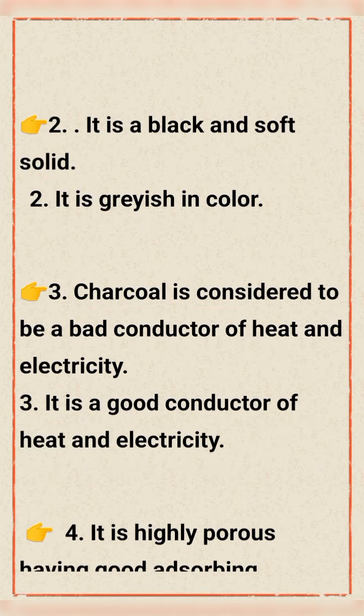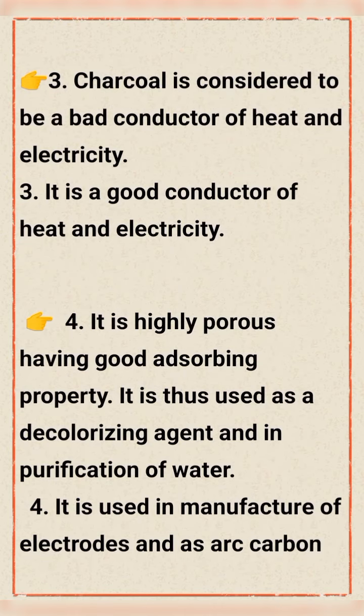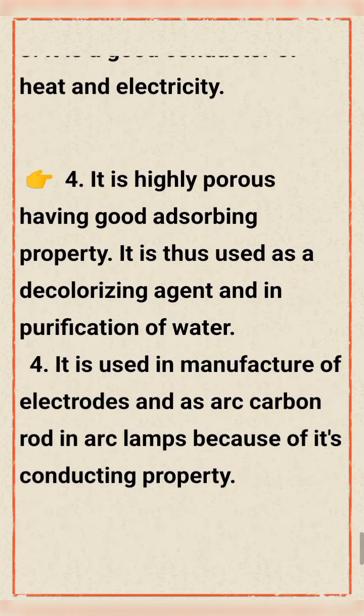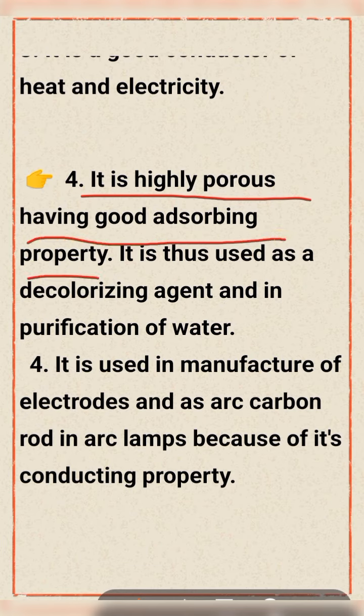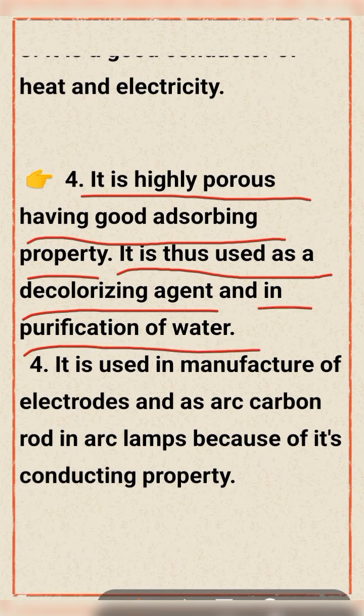Next point, that is the last point, point number 4. Charcoal is highly porous, having good absorbing property. It is thus used as a decolorizing agent and in purification of water.